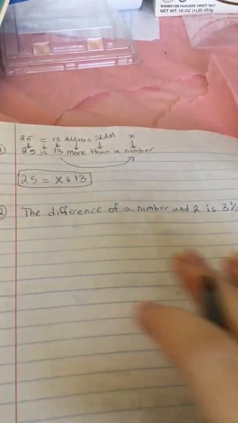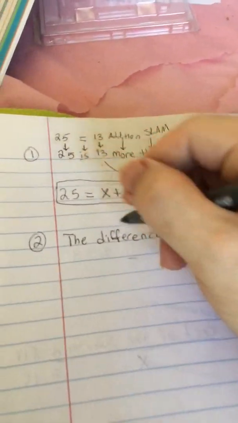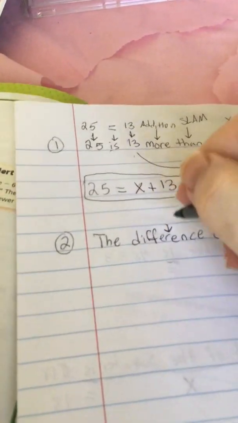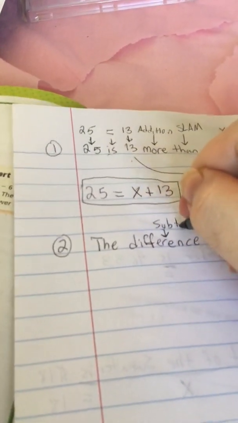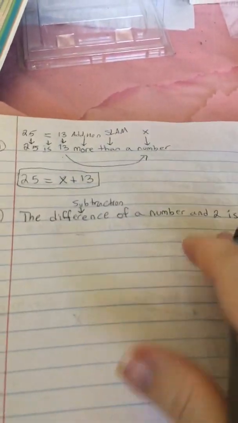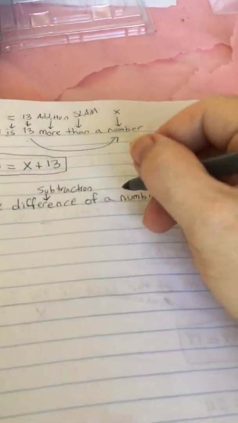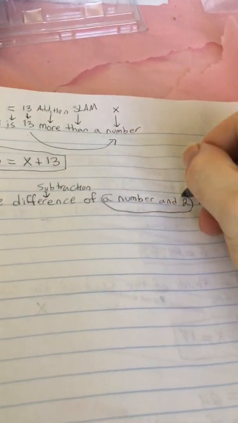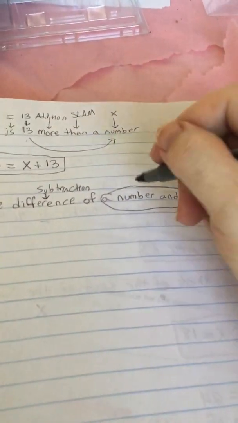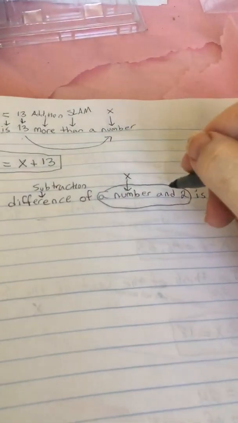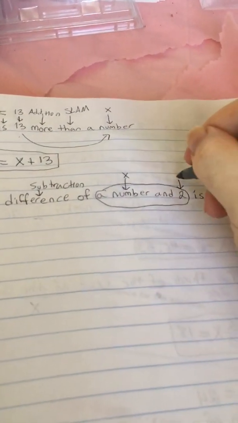So with that, if we dissect this sentence as well, we have difference is subtraction. Remember, difference is the answer to a subtraction problem. So we have of a number and 2. That's what we're taking the difference of. A number, we don't know what it is, so we're going to use a variable. And 2 is just 2.